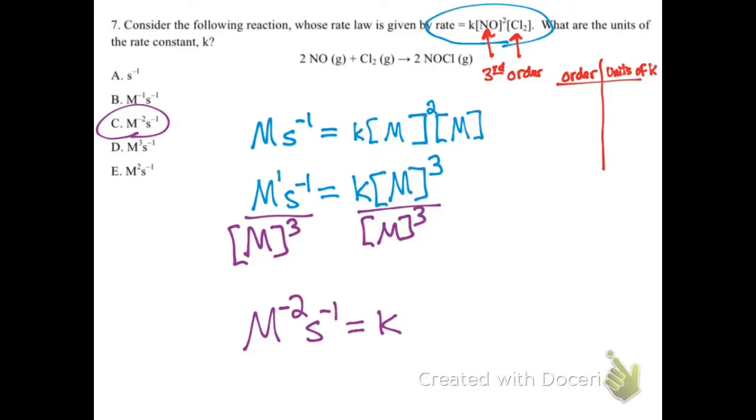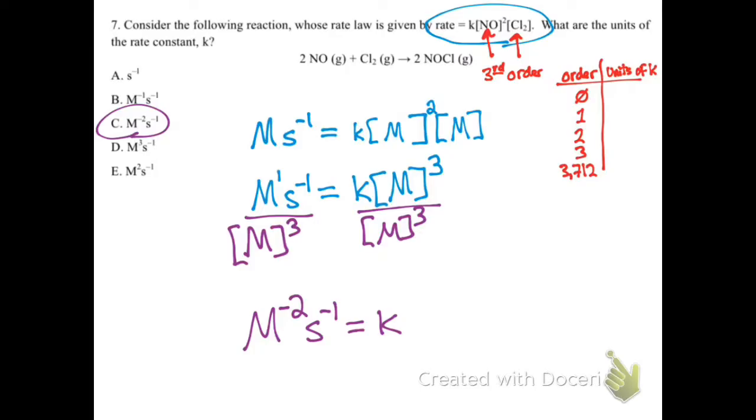Let's go through and do 0th order, 1st order, 2nd order, 3rd order, and 3712th order, because, you know, why not?